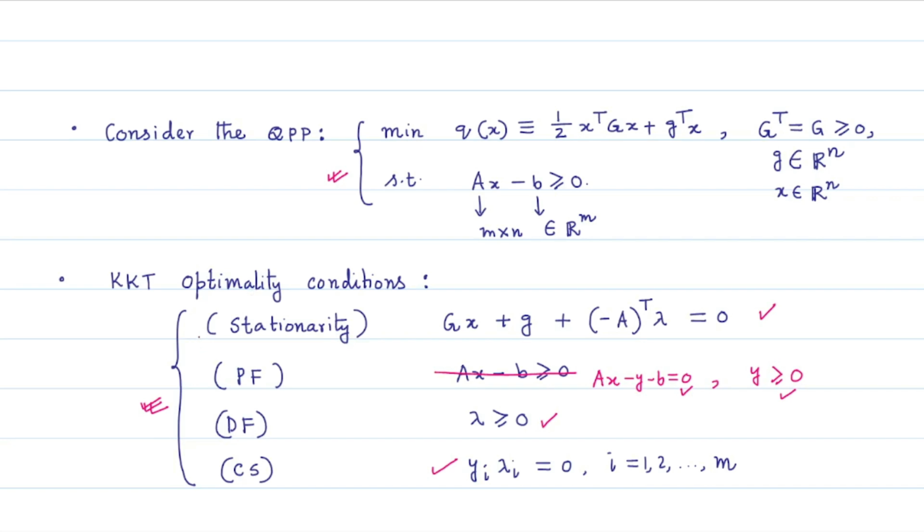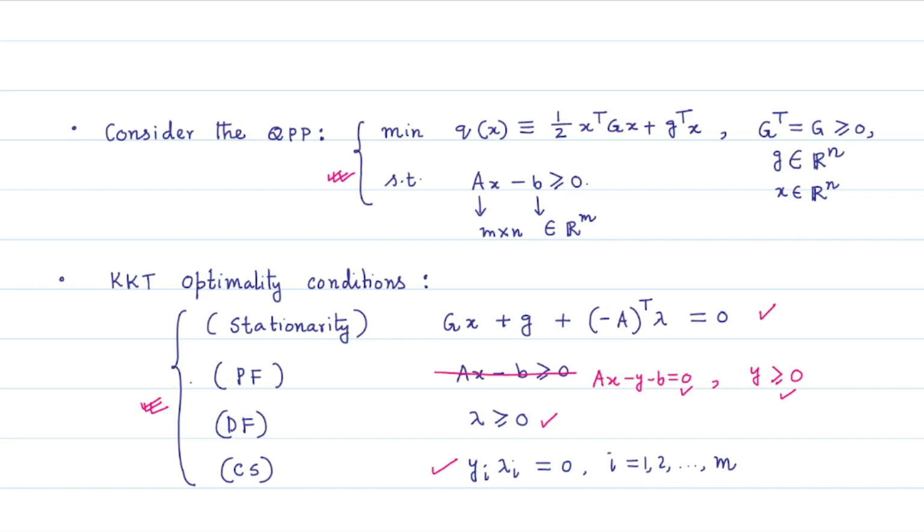Whatever the case, whether or not this is a system of linear or nonlinear equations, we have to find a solution of these KKT conditions to get an optimum solution of this quadratic programming problem. So let us now try to find a solution.